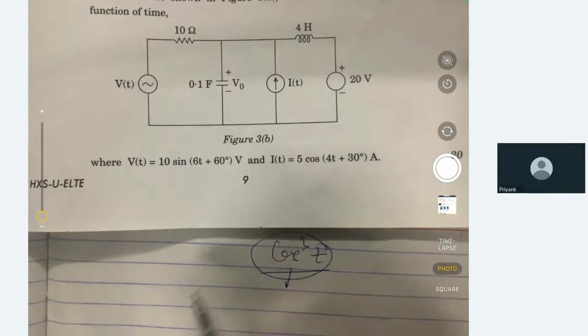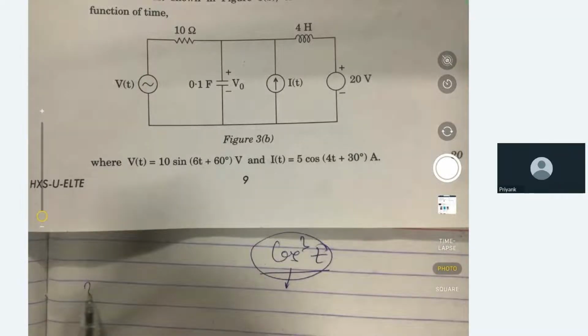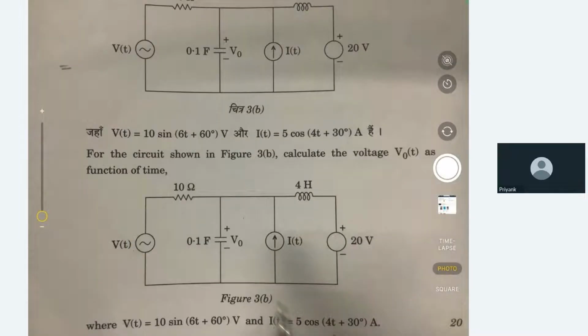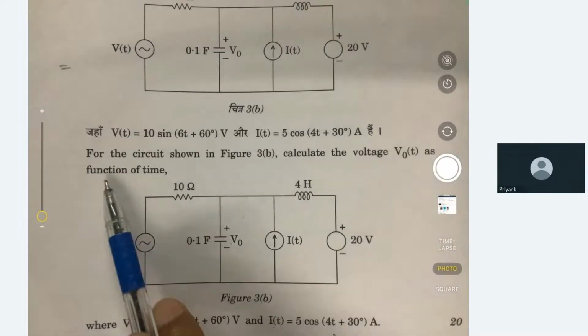So here also we can apply superposition, third of B. Here one voltage source VT and a current source IT are given, and they are asking us to find the voltage V0t as a function of time.